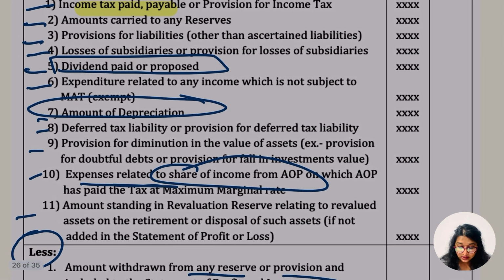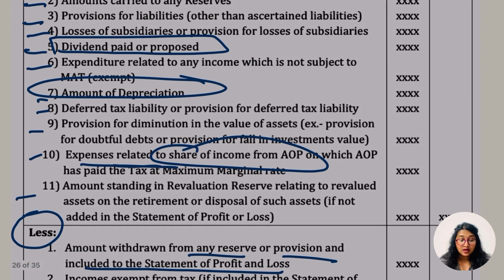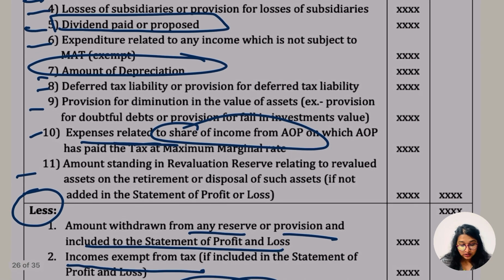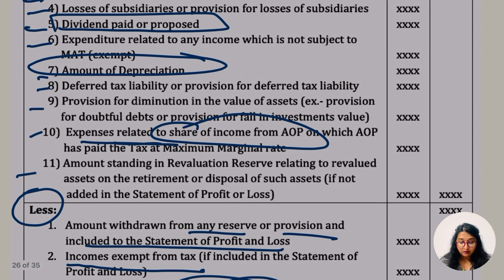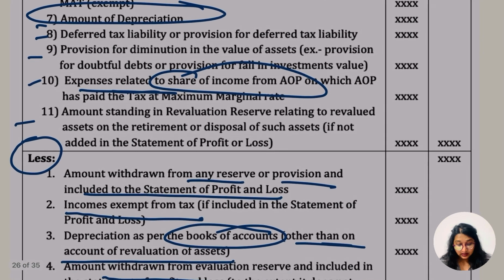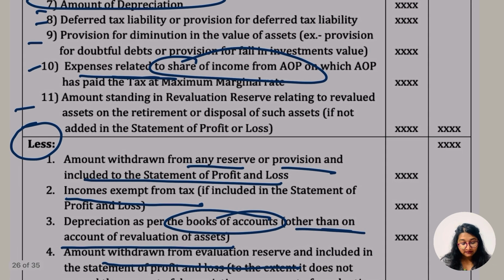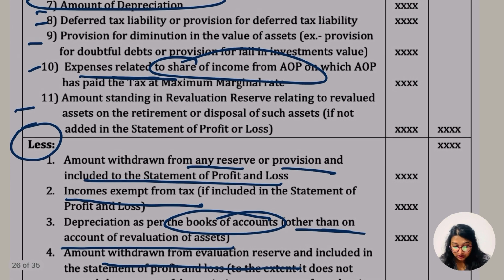Expenditure related to any income which is not subject to MAT, and amount of depreciation, deferred tax liability, provision for the deferred tax liability, provision for diminution in the value of asset, and expenses related to share of the income from the AOP on which the AOP has actually paid tax at the maximum marginal rate. And last, amount standing in revaluation reserve related to revalued asset on the retirement or disposal of such asset.